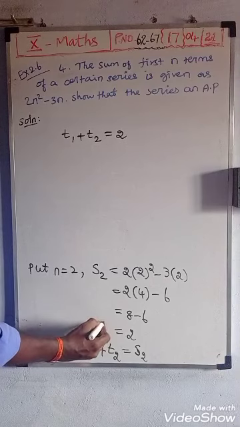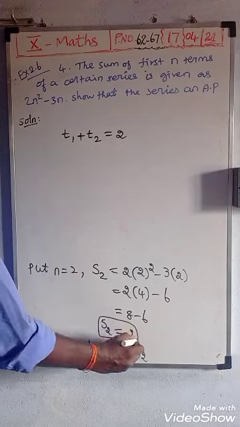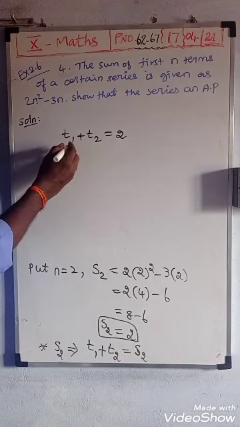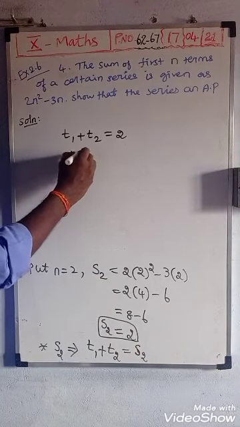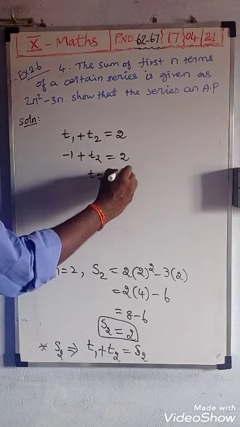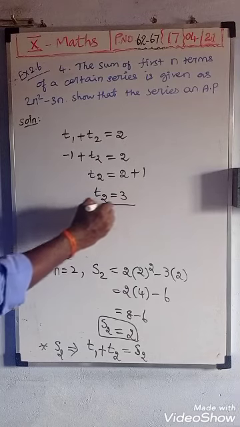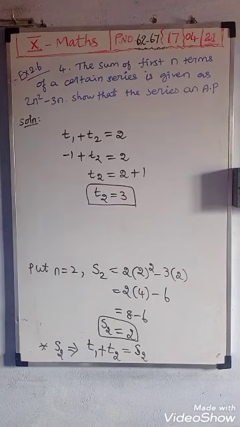T1 we received as minus 1, so minus 1 plus T2 is equal to 2. Therefore T2 is 2 plus 1, which is 3. So T1 is minus 1 and T2 is 3.